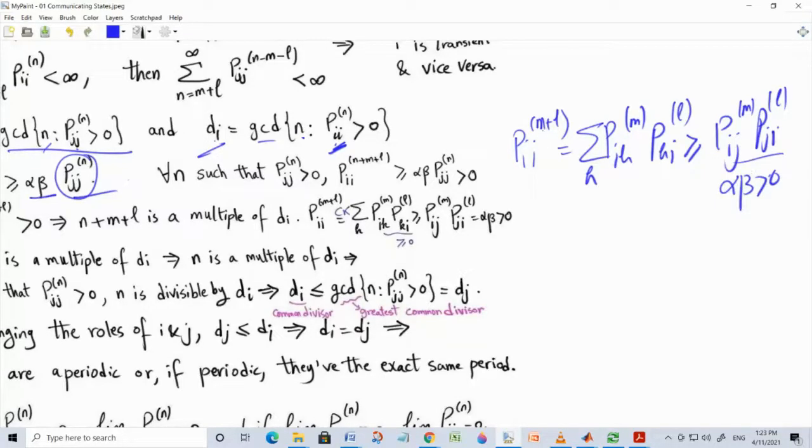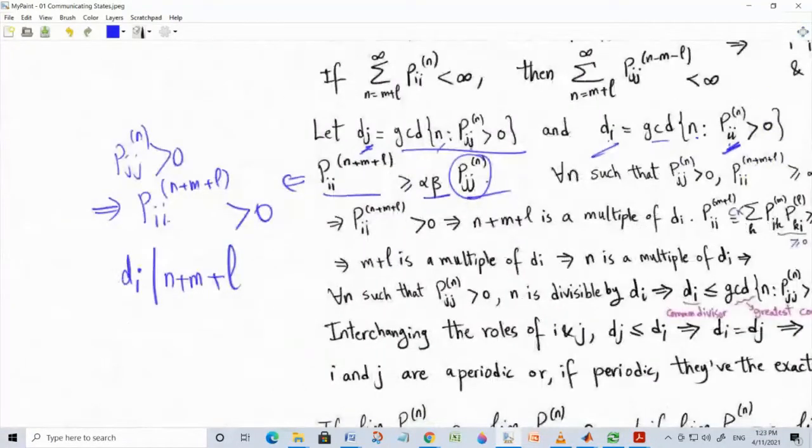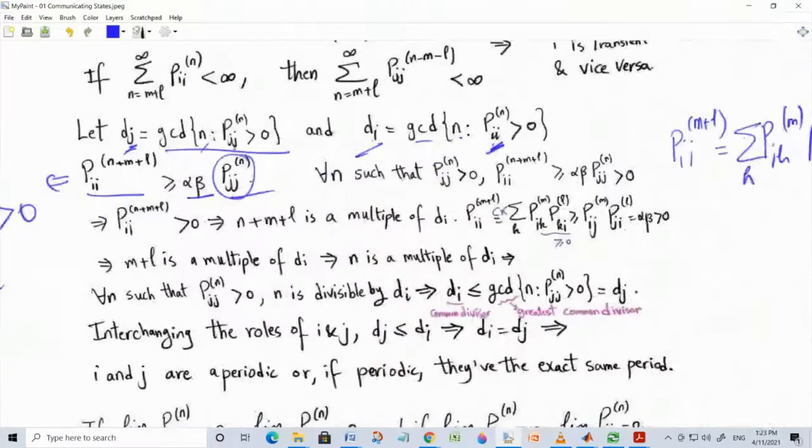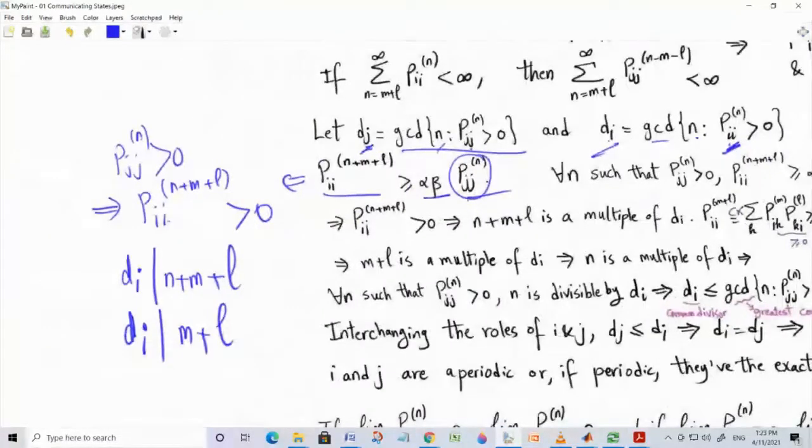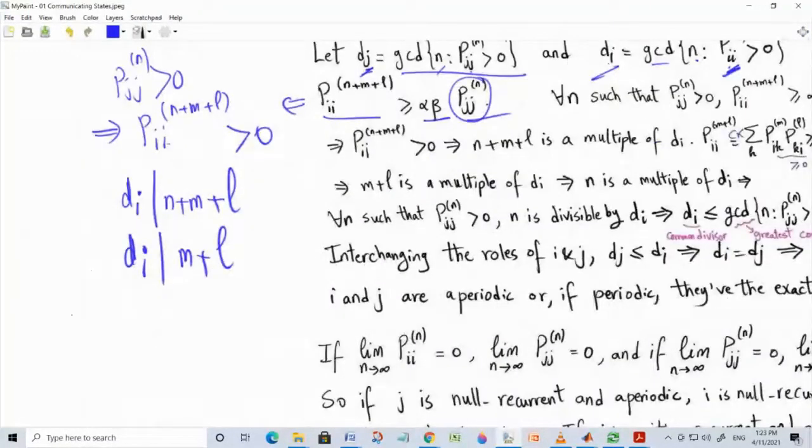So p_ii of m plus l is also positive. d_i is a divisor of all time instants for which this probability is strictly positive, and so d_i also divides m plus l.